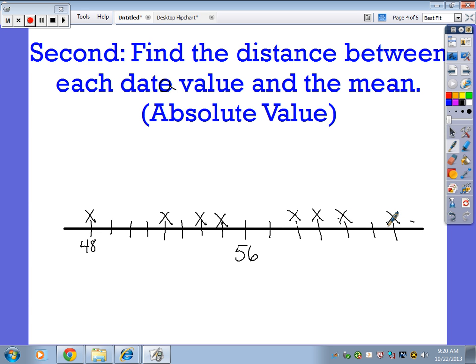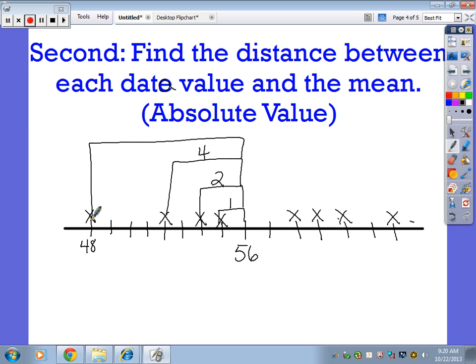So now we need to talk about, okay, how far away are each of those points from the 56 in the middle? So we've got 1. All right, and then here we've got a 2. Here we've got 1, 2, 3, 4. And then the last one going that direction is all the way down to 8. So we've got an 8, a 4, a 2, and a 1.